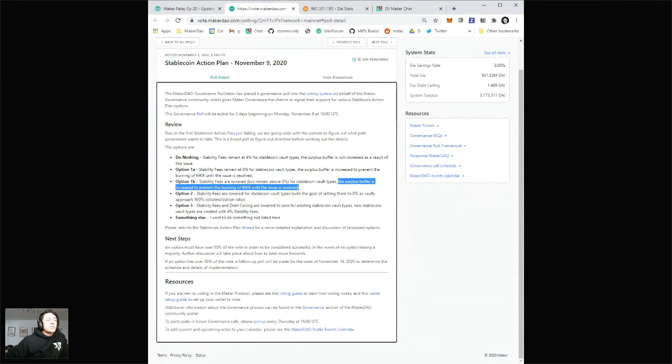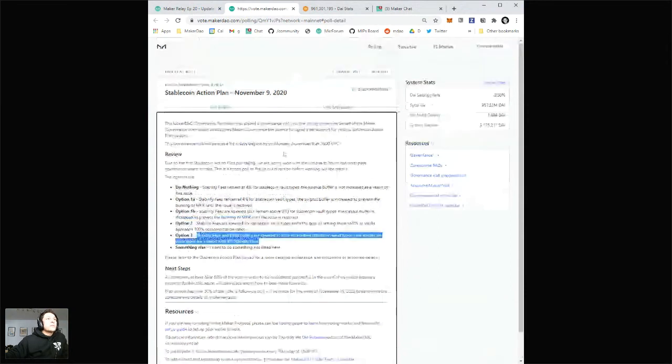And I'll tell you what the issue is in a second. Option 2 is stability fees are lowered for stablecoin vault types, with the goal of setting them to 0% as vaults approach 100% collateralization ratio. And then option 3, stability fees and debt ceilings are lowered to 0 for existing stablecoin vault types. New stablecoin vault types are created with a 4% stability fee.